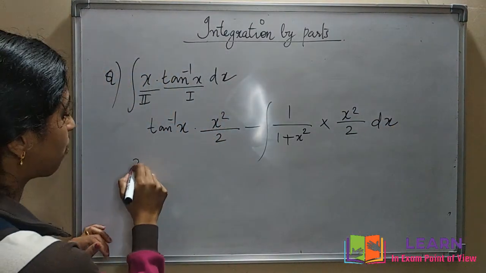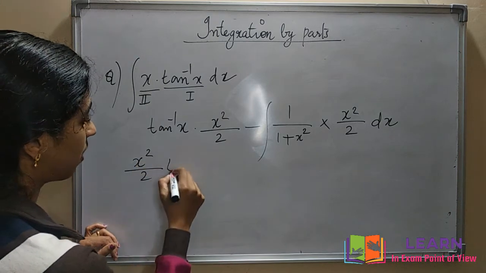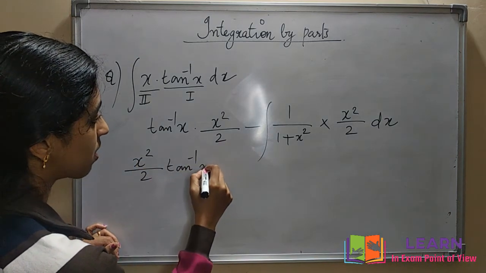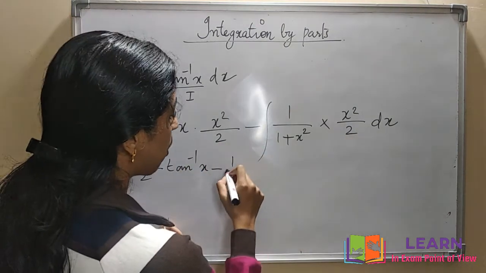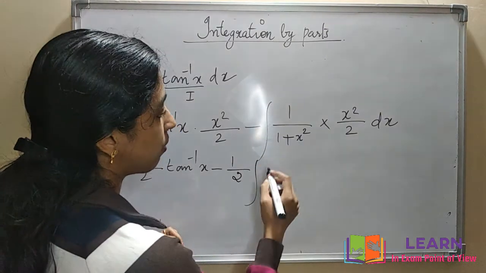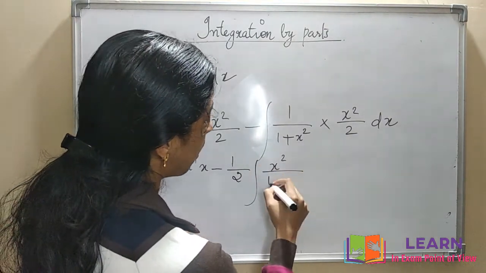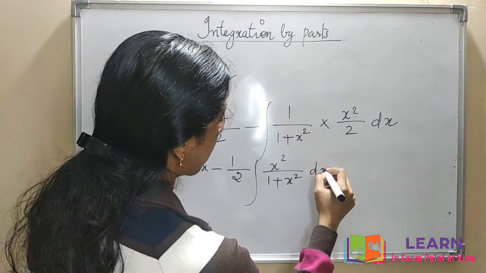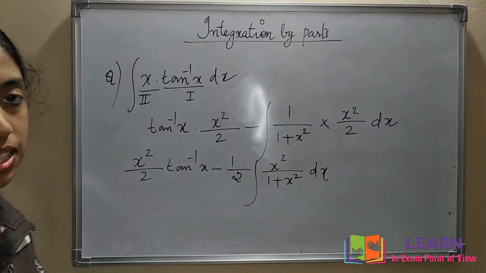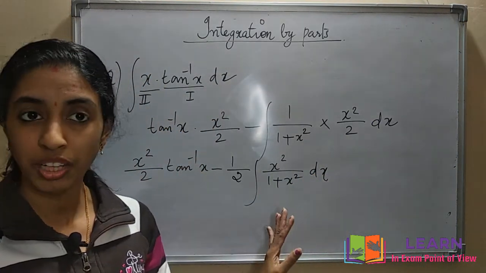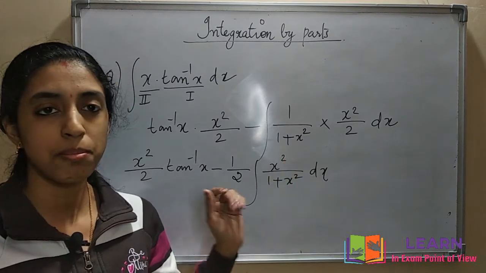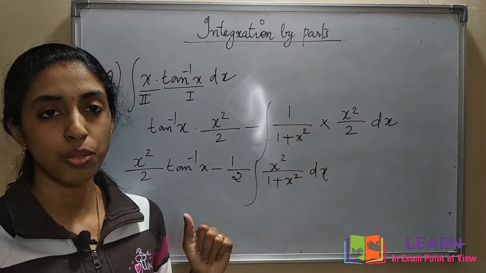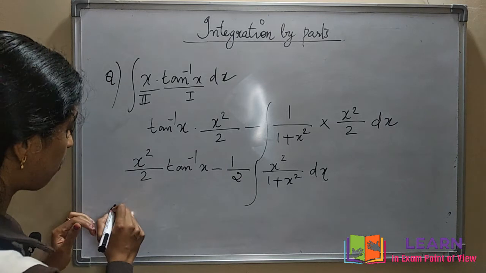So taking first tan inverse x, and 1 by 2 outside, then the integral remaining is x square by 1 plus x square dx. How can we integrate this part? A t substitution we could do if it were 2x, but it is x square. So what will you do?